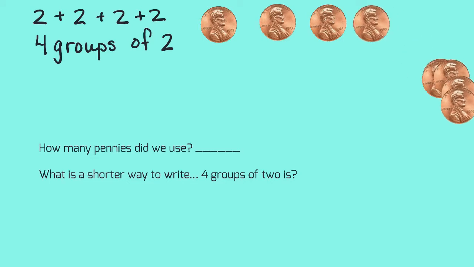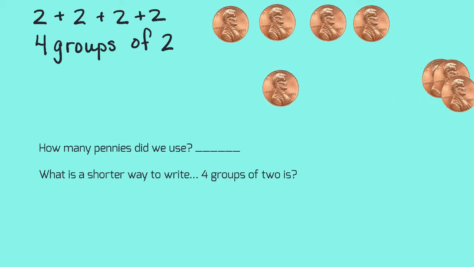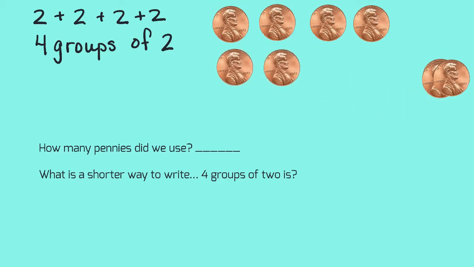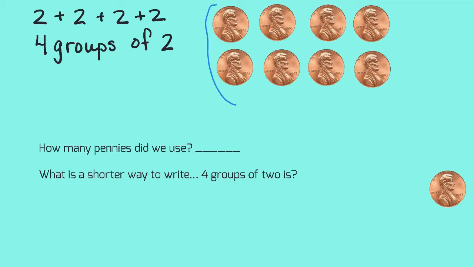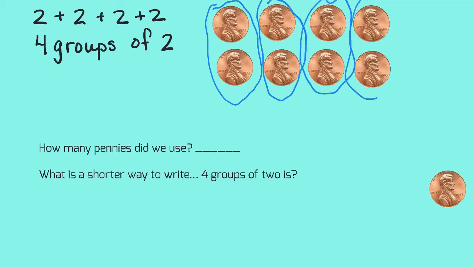All right, so we have 4 groups of 2 pennies. So we have 1 group, 2 groups, 3 groups, 4 groups. So we have 4 groups of 2.